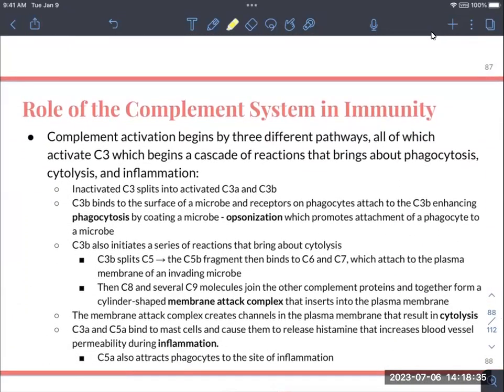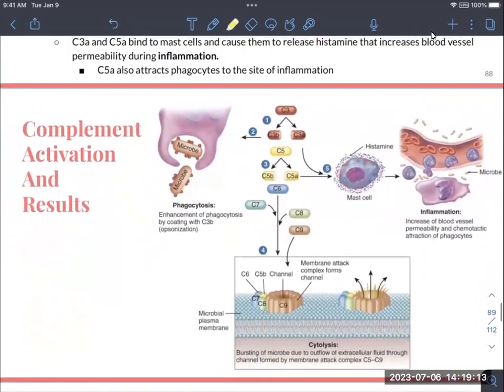So complement activation has 3 different pathways. They all activate the C3 protein, and that begins the cascade reaction. That brings phagocytosis, cytolysis, and inflammation. So cells ingesting; cyto is cell, lysis is breaking it apart; and then inflammation. C3 is going to split into C3a and C3b. Here's a better view.